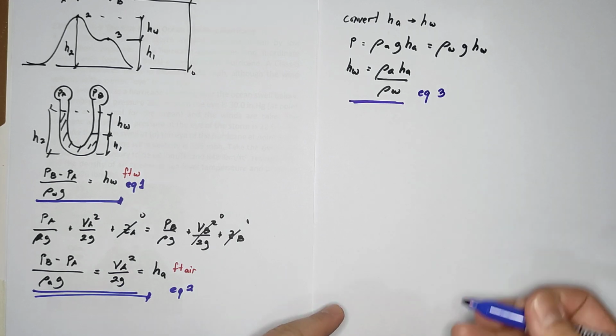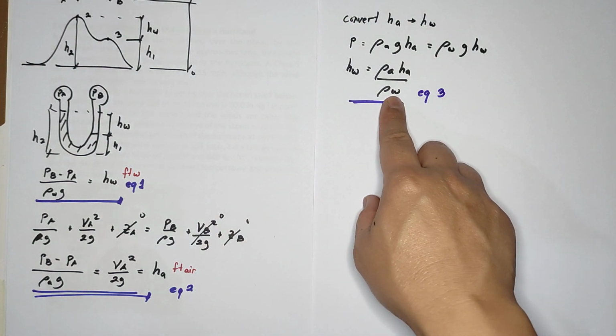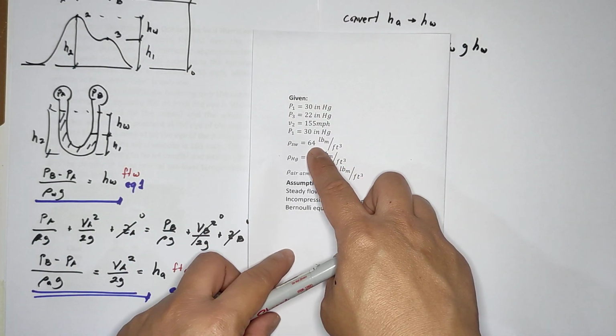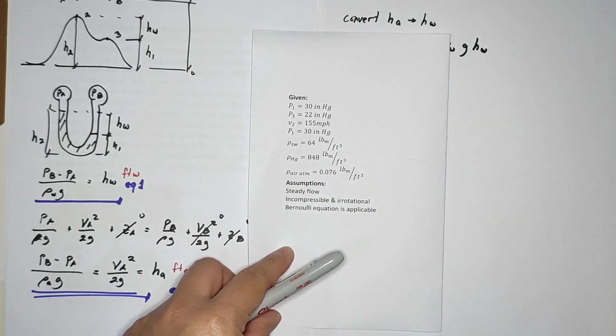Equation 3. Okay. Now, there's a given seawater density that is 64, but we have air that is atmospheric.